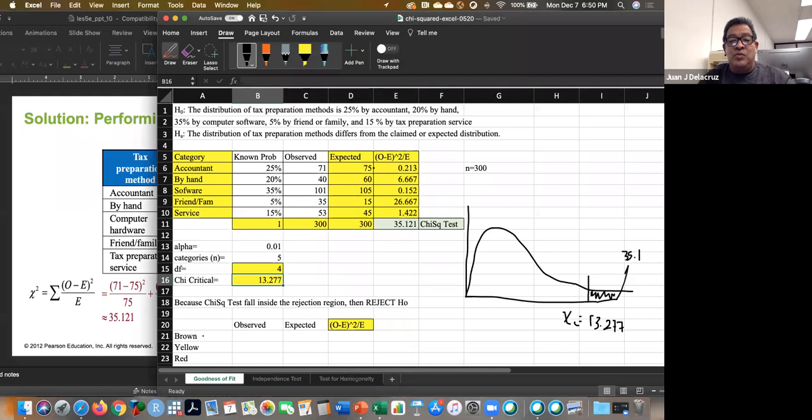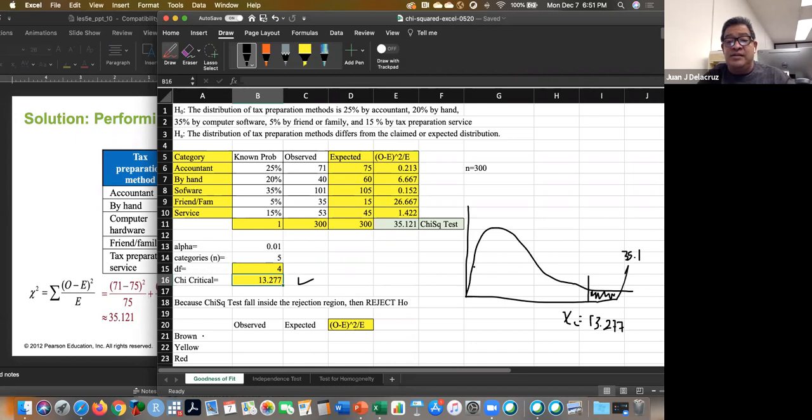In this case, what we did is we just built a formula for each one, did the summation, and also used an Excel function to find the critical value for the chi-square.